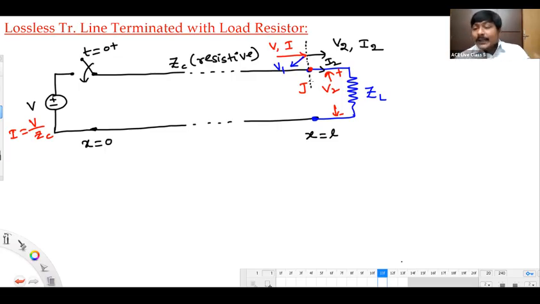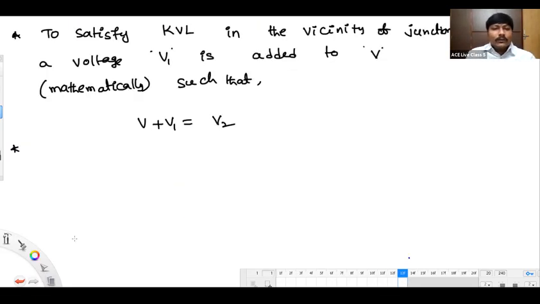Automatically, it will modify, but mathematically, on paper, we are going to add a current of I1 to I, such that I plus I1 is equal to I2. So I'll write the same statement.